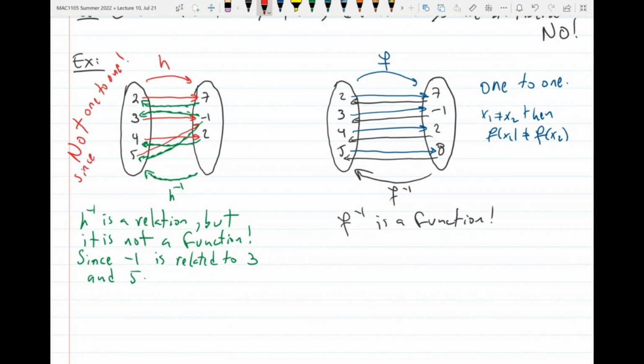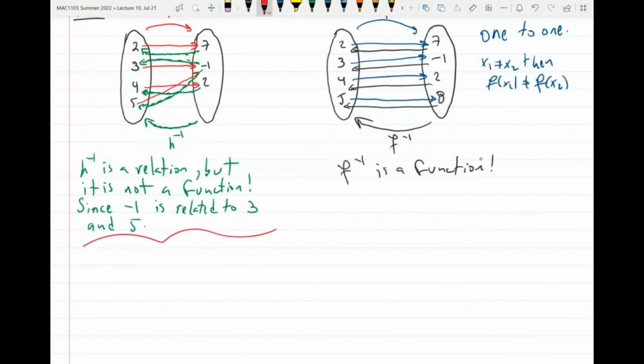Since 3 is different than 5, but h of 3 equals h of 5. So this is not one-to-one, because we have two different inputs giving the same output. Let me write that somewhere else. Sometimes we just write this for one-to-one, just to be sure.